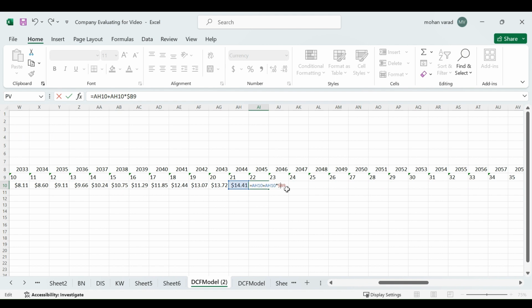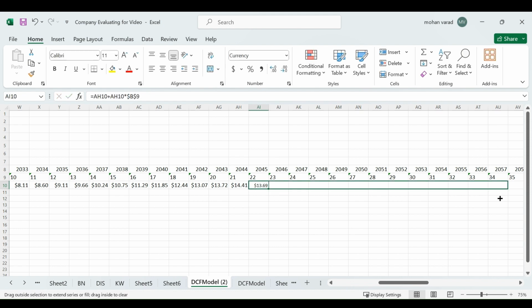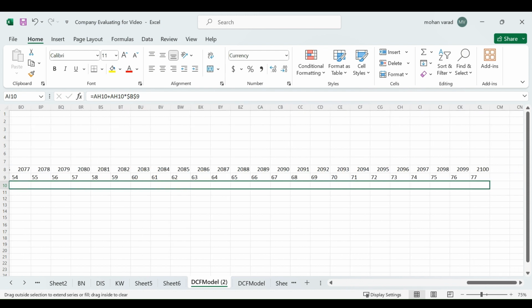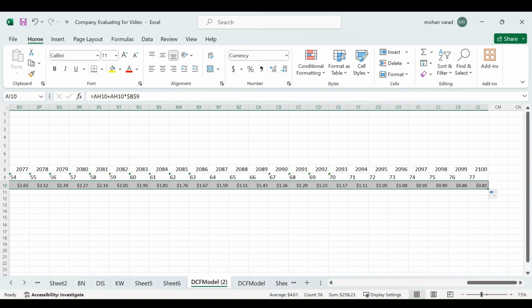You lock the number by adding $B$10, and then you drag it all the way to the 77th year. You see the earnings in decreasing order. On the 77th year, you see 81 cents.